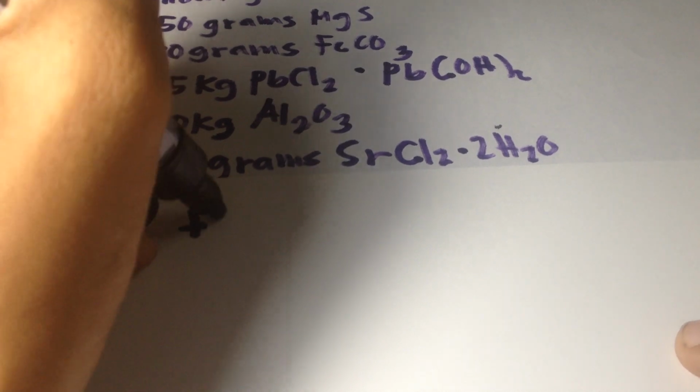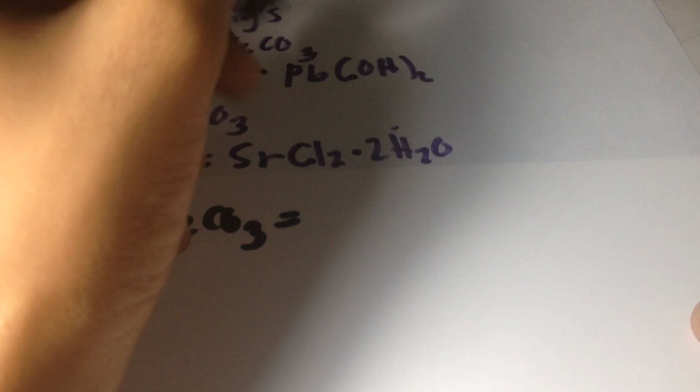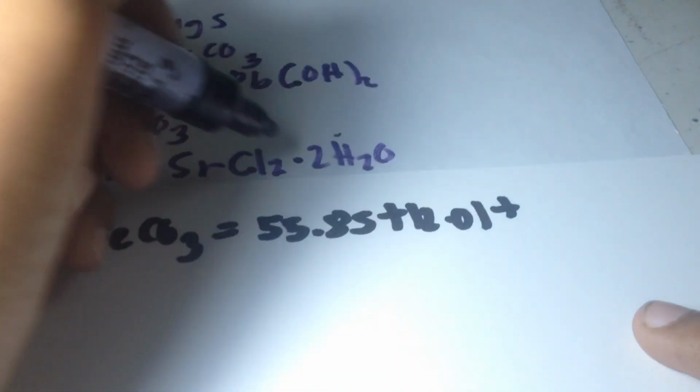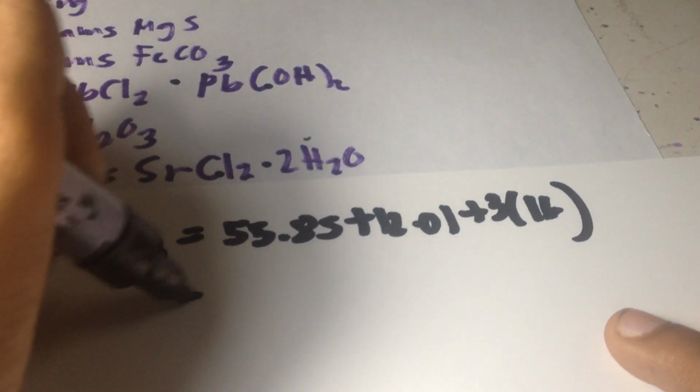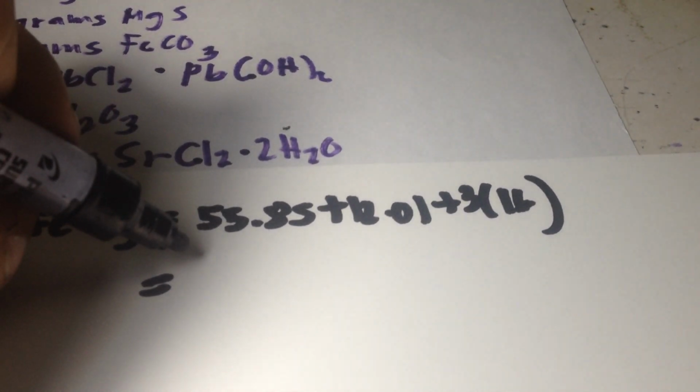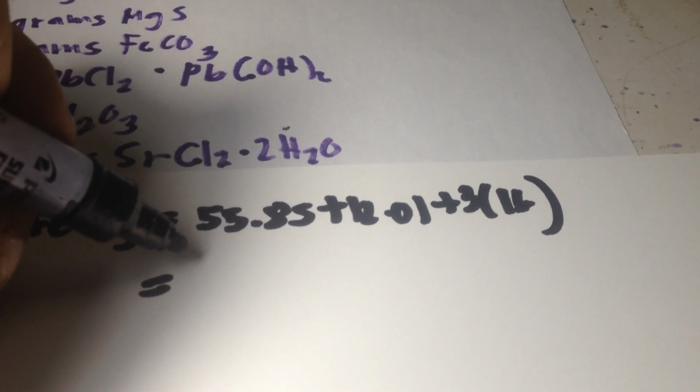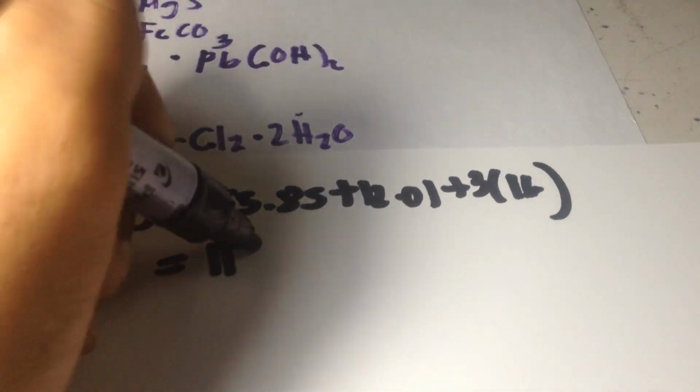The formula mass of iron(II) carbonate is equal to 55.85 plus 12.01 plus 3 times 16, which is equal to 115.86 grams per mole of iron(II) carbonate.